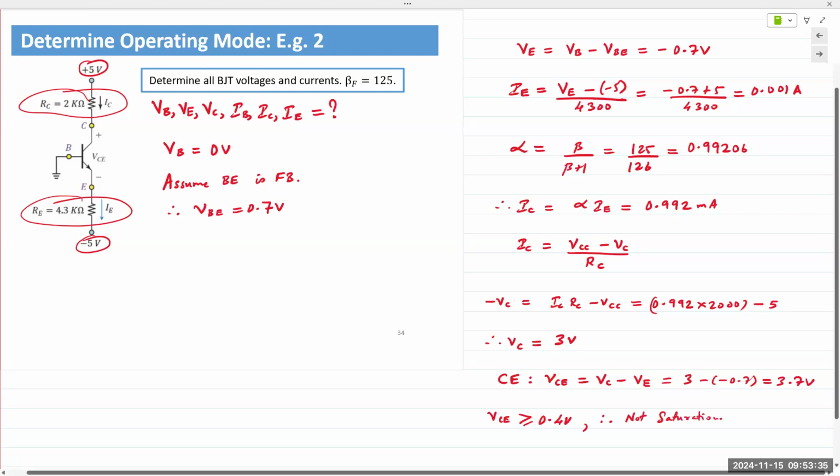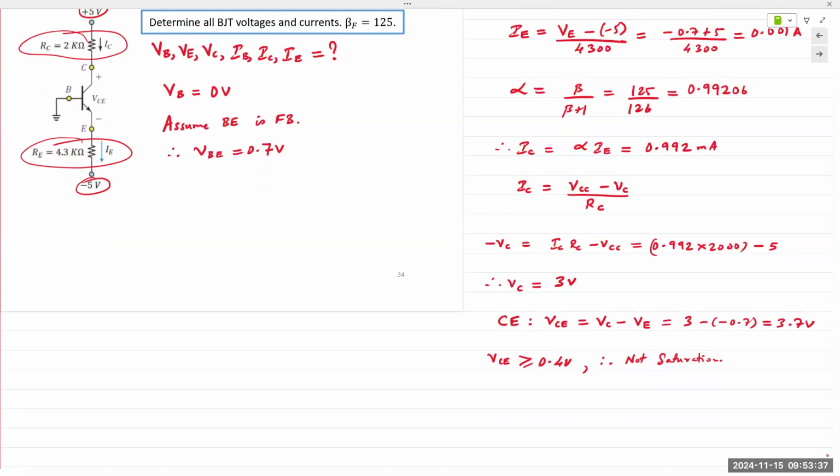And we can also test for active, as VBC. If the base collector junction is reverse bias, that is also active mode. Here we tested saturation. VCE is larger than 0.4 volts, so not in saturation. So we test for active.